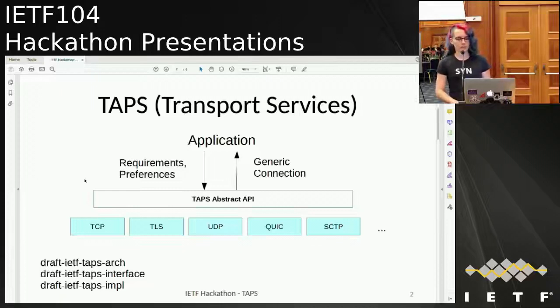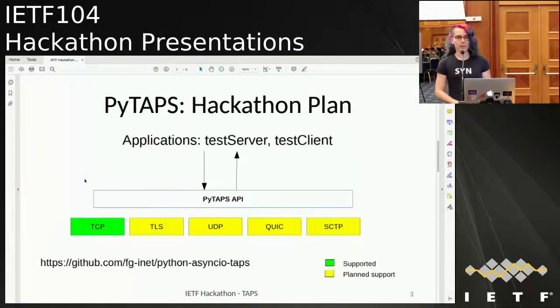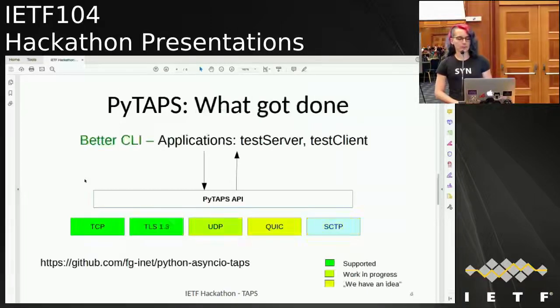Our drafts are still work in progress, so we wanted to get some more implementation experience. We worked on a new implementation of TAPS called PyTAPS, written from scratch based on Python asyncio. At the beginning of this hackathon, PyTAPS only supported TCP, and TLS, UDP, QUIC, and SCTP were planned. Now TLS 1.3 works, thanks to Python asyncio and the underlying OpenSSL library: we just provide a security context with some parameters, and we get sensible defaults.